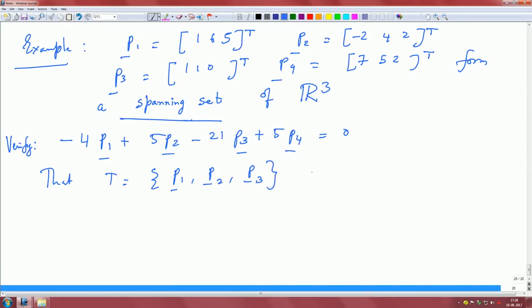And the set P1, P2, P3 are linearly independent, span R3, right.